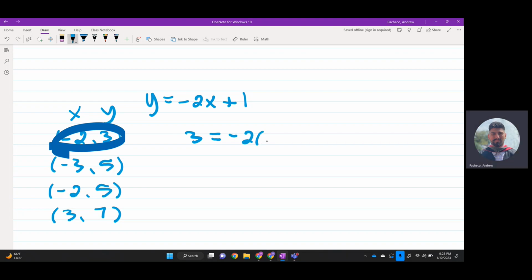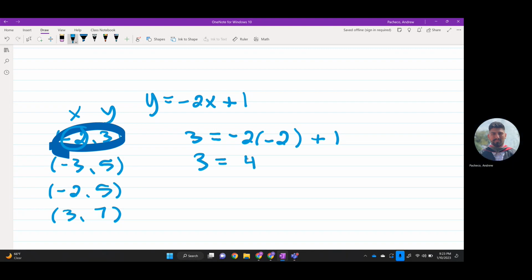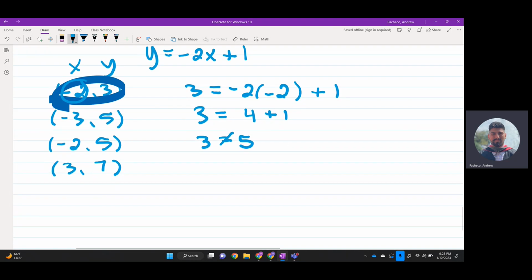Negative 2 times negative 2 because, again, in my ordered pair, I have negative 2 for x. So 3 is equal to positive 4 plus 1. 3 is equal to 5, and that is not true. 3 is not equal to 5.